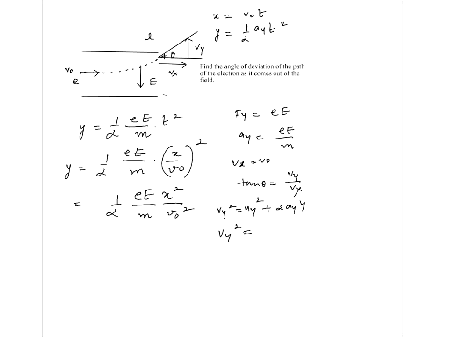What is uy? So 0. a_y is QE by m, times y.